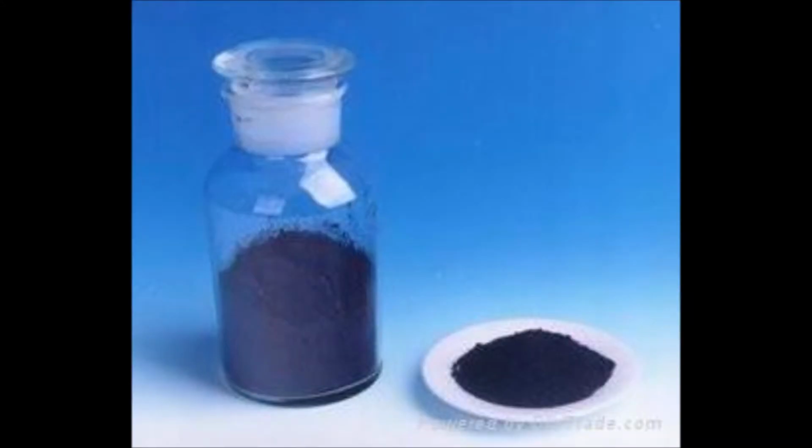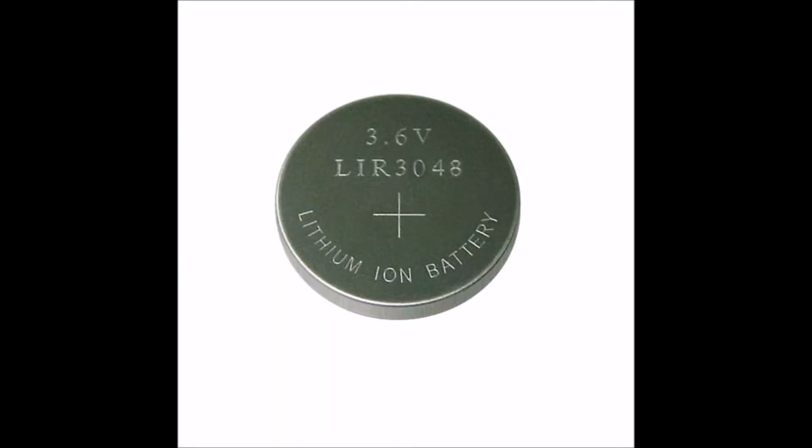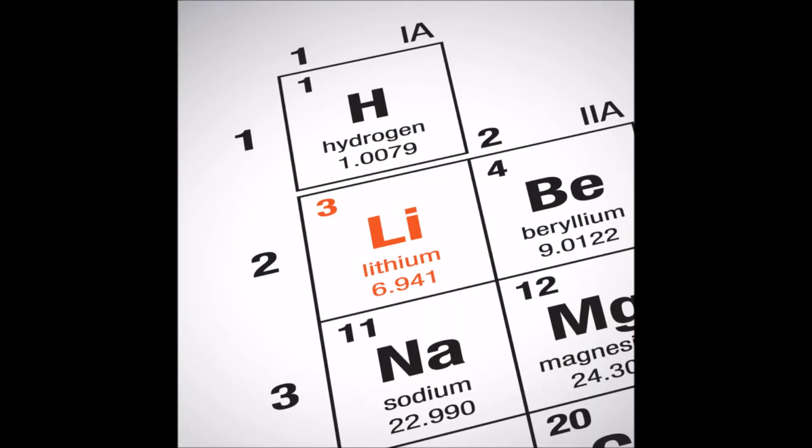The combination gives an overall voltage of 3.6 volts, more than twice that of a standard AA alkaline battery. That gives lithium-ion batteries a much better energy per volume ratio, or energy density, than an ordinary alkaline battery or other common rechargeable battery. This is because lithium is the third smallest element after hydrogen and helium, and thus a lithium ion can carry a positive charge in a very small amount of space.